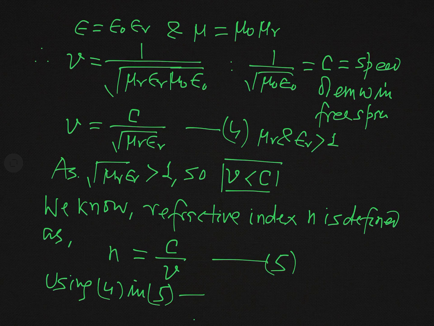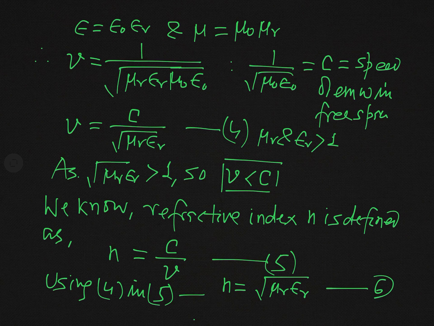That is, N will be simply a square root of mu r into epsilon r. So after the use of equation 4 in 5, we will get N equal to root over mu r into epsilon r.